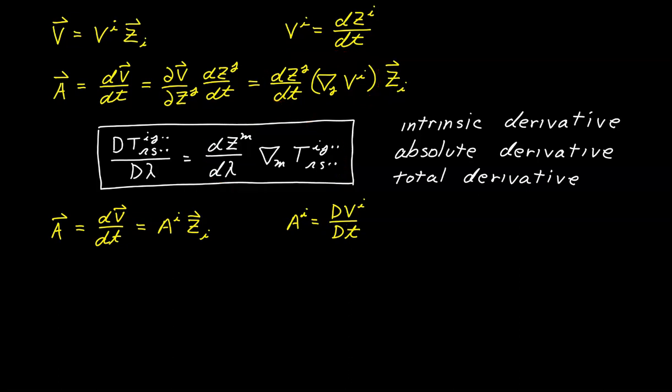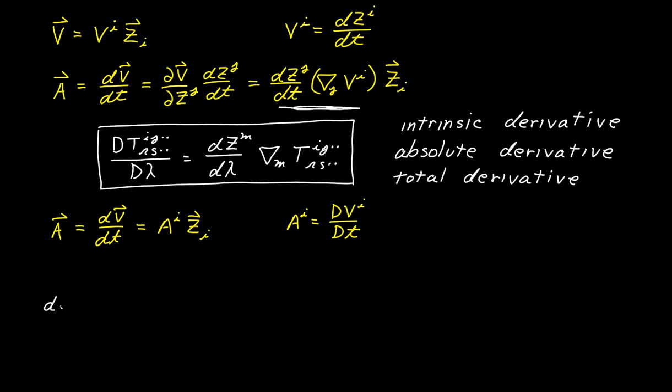Now, while this syntax is very simple and elegant, it isn't very useful when it comes to actually finding out the expressions for each of our coordinate systems. So I want to take the time now to expand this expression out into a more usable form. So let's do that. We'll expand it out this way.